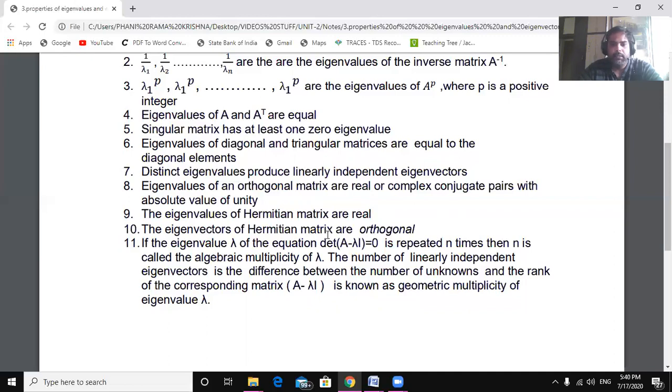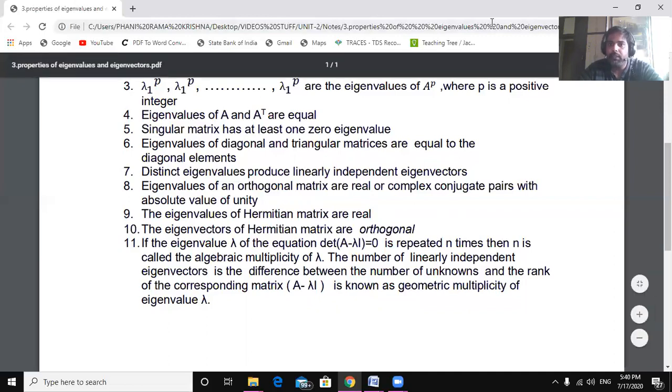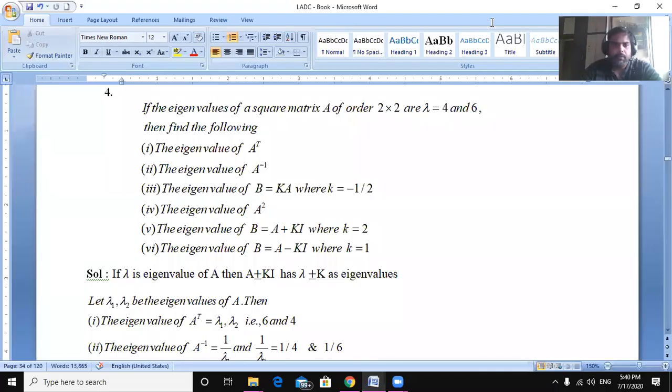So we will see how to do problems based on these properties with some examples. If A is any 2 by 2 matrix, or maybe 3 by 3, a 3 by 3 has 3 eigenvalues and a 2 by 2 has 2.